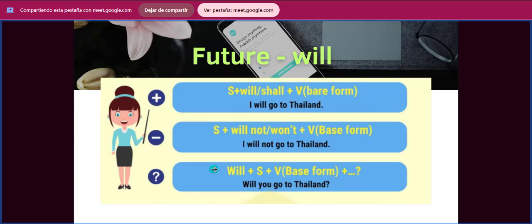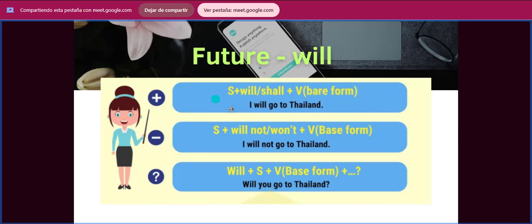And then in the case of the question, we will make subject-verb inversion. It means that in this case, we'll place first will, then the subject, and then the verb, as you can see, in the base form or the simple form, and then the rest of the sentence.